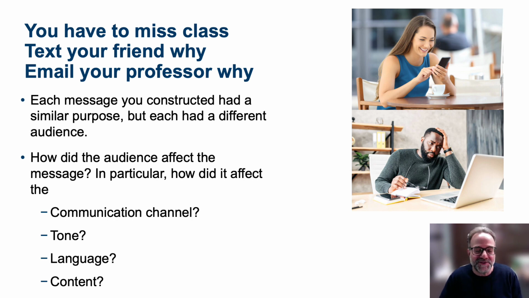So imagine that you are going to be late for class. You could be texting your friend why you're going to be late to class, and then you'd be doing a totally different message, sending an email to your instructor of why you're going to be late to class, right? It's going to have a different tone, maybe different content, different language use. Hopefully the reason that you're being late is valid and it's the same for both.